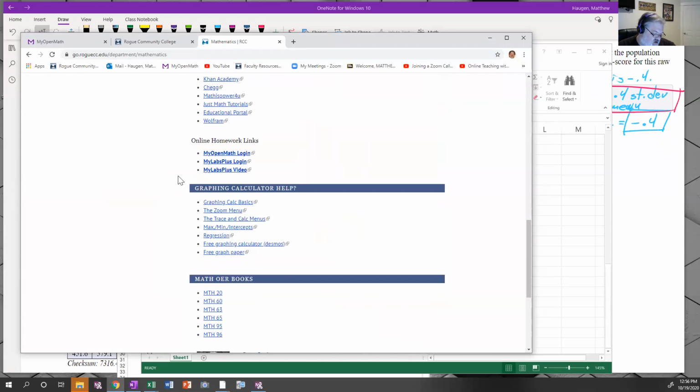Near the bottom here are some graphing calculator help tools. There's one on regression. That's a very good video on how to go through regression. If your calculator doesn't automatically tell you correlation coefficients, it'll show you how to put correlation coefficients on your calculator. Very nice video, goes through every bit of it. Okay, awesome. Thank you. Yeah, I remember now. It's like inputting it into the calc. Yeah, it's been a minute.